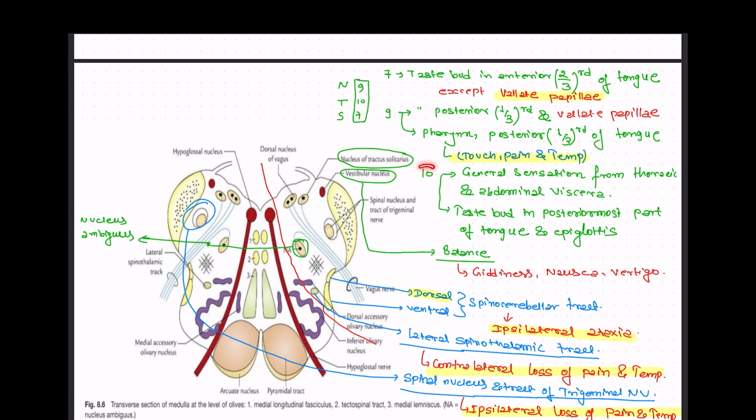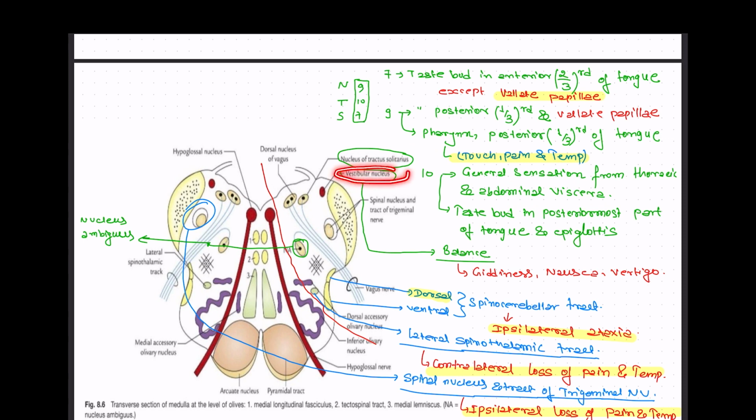The fibers of the 10th cranial nerve receive general sensation from the thoracic and abdominal viscera, and also receive taste from the taste buds in the posterior most part of the tongue and epiglottis. Due to a defect in this area, the taste sensation, general sensation of the thoracic and abdominal viscera, and touch, pain, and temperature over the pharynx are all lost.